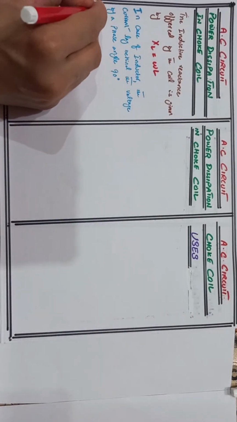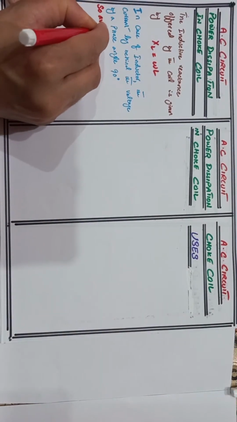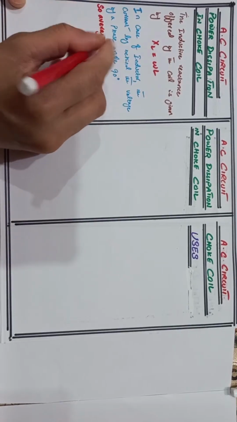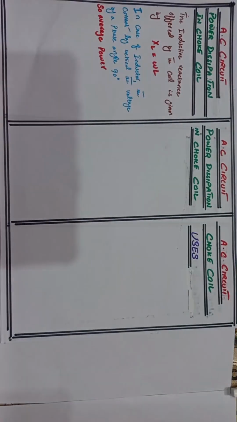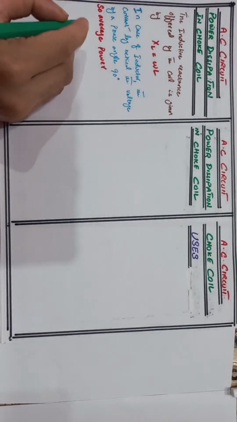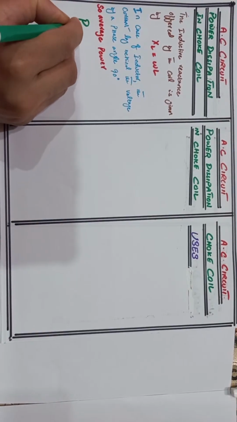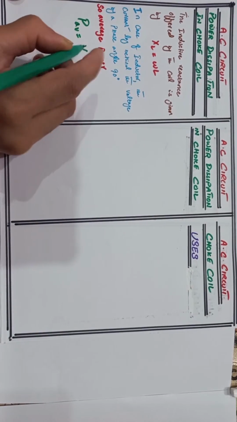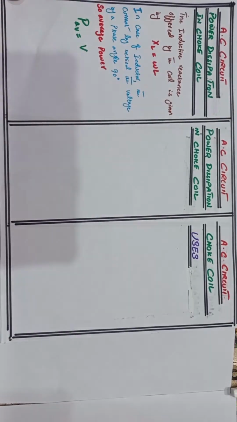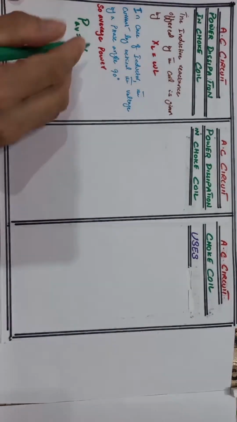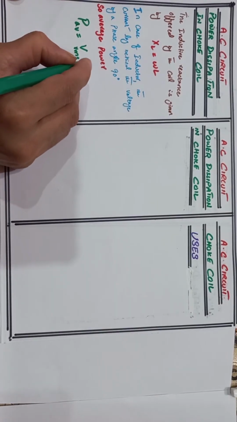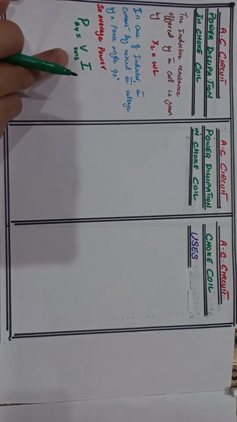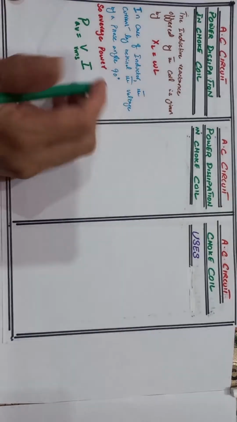So here we calculate the average power, that is P is equal to V I cos phi, where V shows the source voltage. We use the root mean square value of the voltage because the source voltage is changing its magnitude and direction.